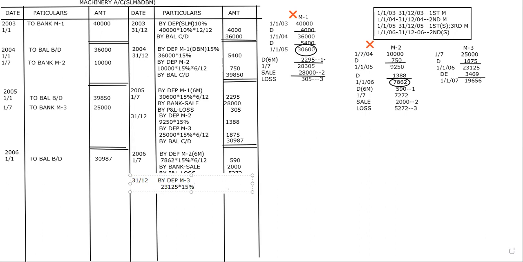So that's how I got 3,469. Therefore, my balance carried down is how much now? My balance carried down is 19,656. Okay, understood?